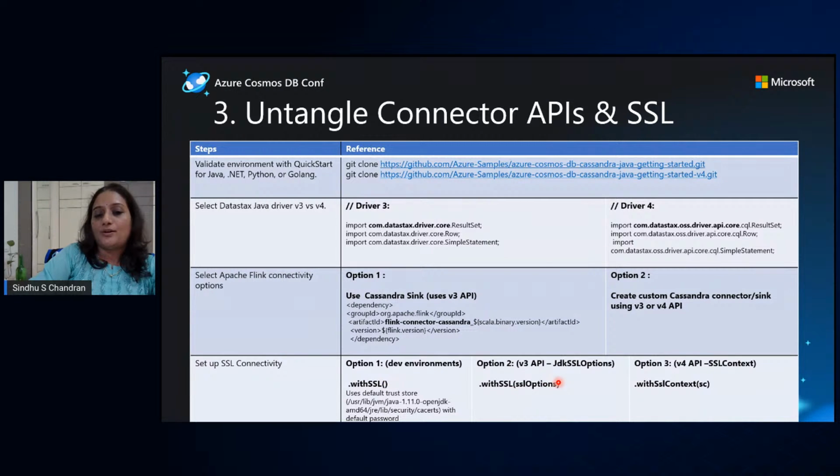But otherwise, you can use either the SSL options with Java v3 API or the SSL context with the version 4 API. So these are the options for SSL that has to be set up while connecting to Cassandra. So this sort of summarizes the key changes that are needed from a code point of view for your application to work.